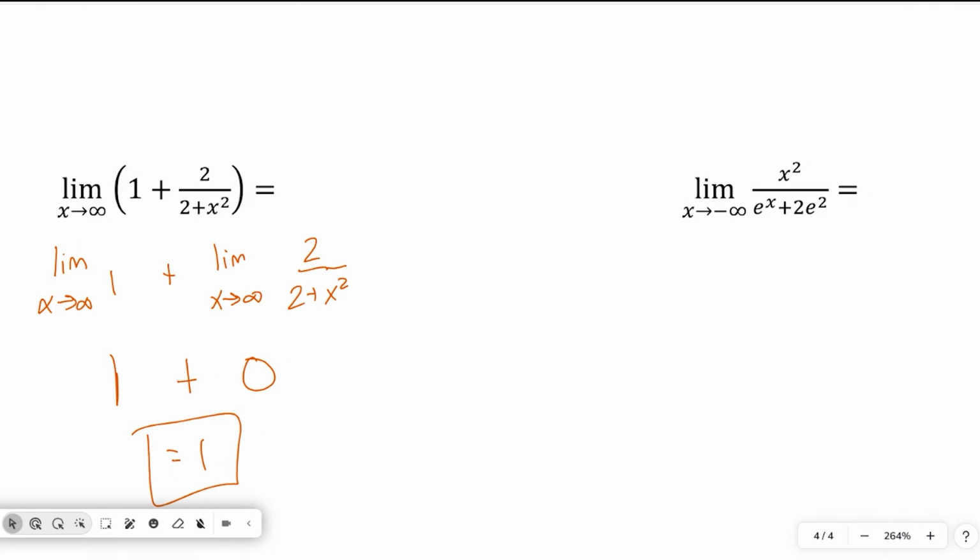What's growing faster, the numerator or denominator in this last one? Denominator. You got this x squared. Now be careful here. Remember, the exponential functions will have different behavior to the left and to the right, like those square root ones. So you've got to ask yourself, as x goes to negative infinity, what is this thing getting closer to? Like if it's just e to the x, imagine the graph.